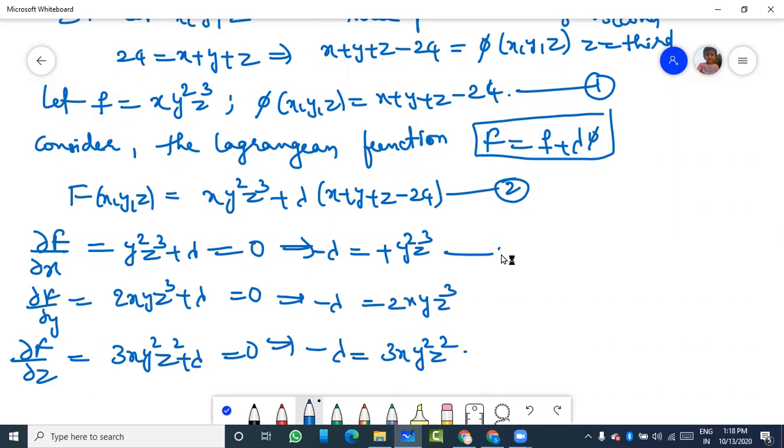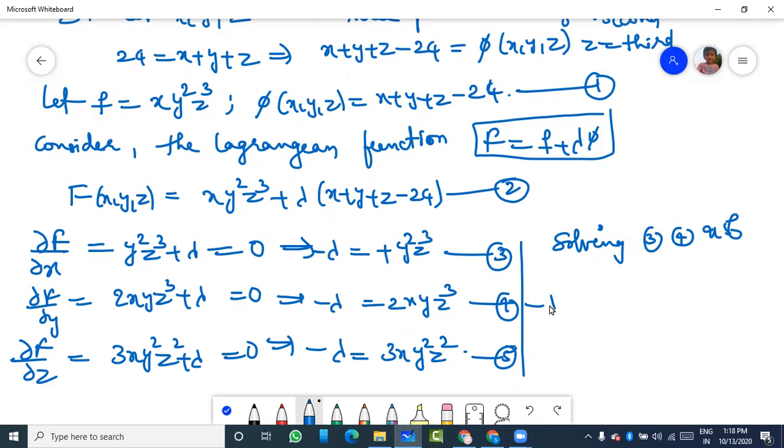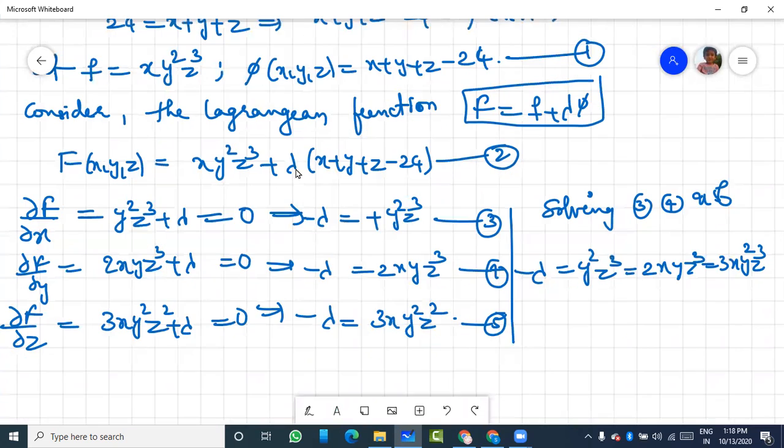Here, third, fourth, fifth: solving 3, 4, and 5, all are minus lambda values only. From this, minus lambda equal to y square z cube equal to 2xyz cube equal to 3xy square z square. Now we can equate.